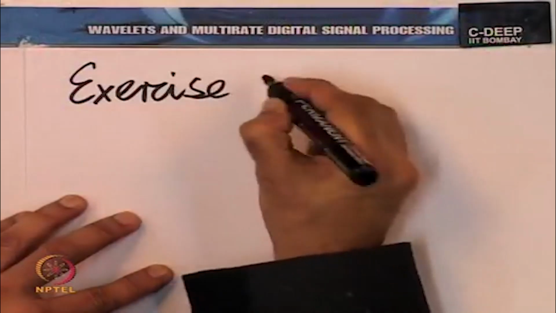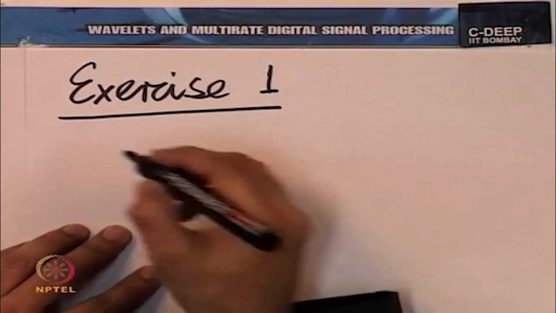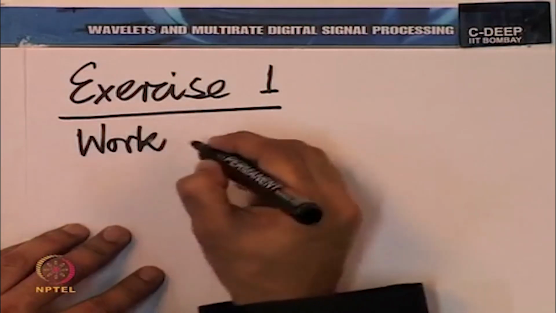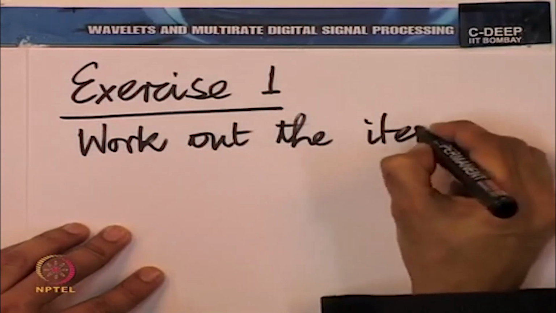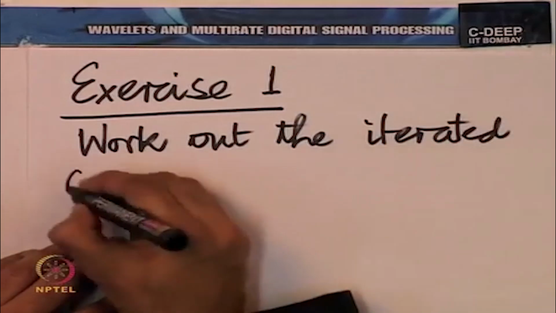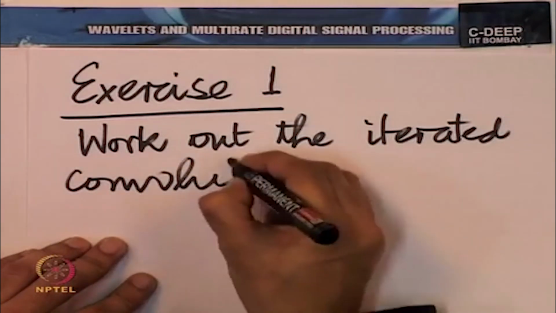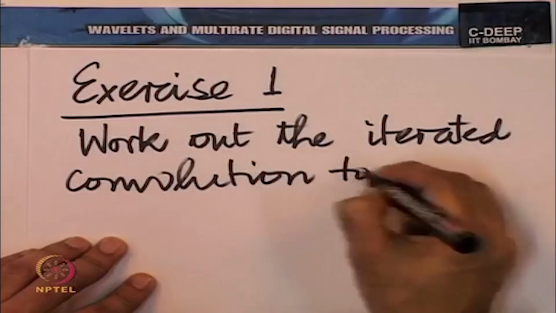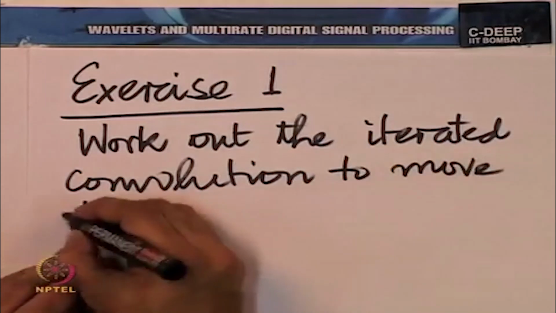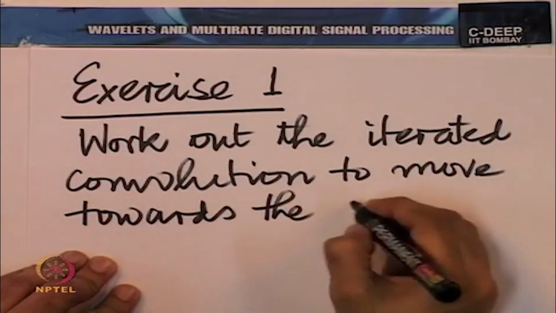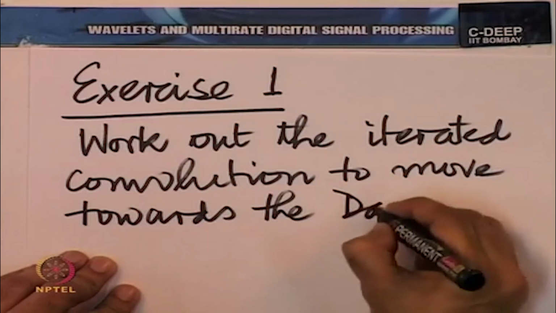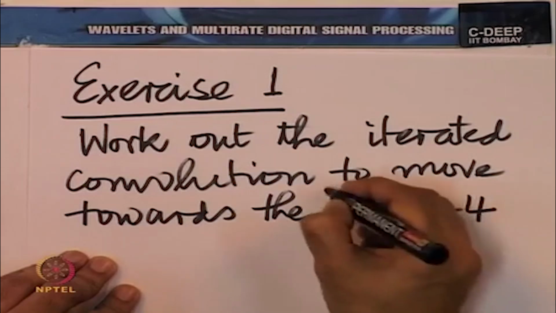So, the exercise is as follows. I shall explain the exercise here. Exercise 1. Work out the iteration to move towards the Daub 4 as they call it.